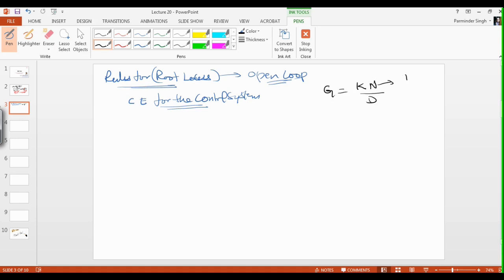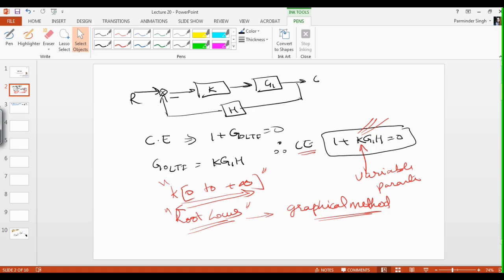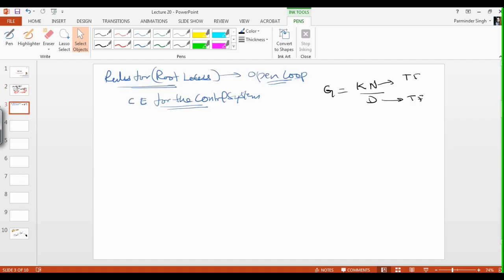Numerator means there will be some transfer function terms in the numerator and some in the denominator, because if we substitute the transfer functions for K G1 H, the open loop transfer function will have terms in the numerator and terms in the denominator. So let's say our open loop transfer function, in the standard form, is written as K numerator by denominator. Let's say in the numerator we have terms like s minus z1, s minus z2, s minus z3, and so on till s minus zm.